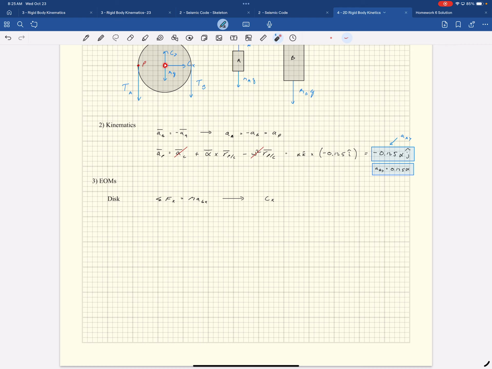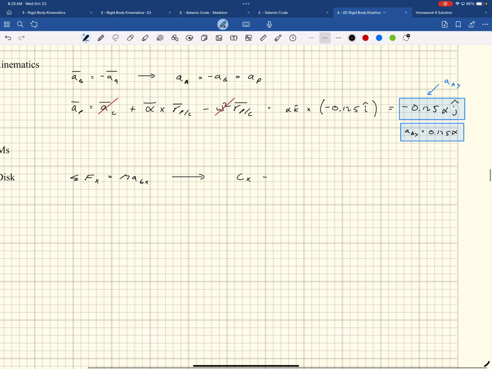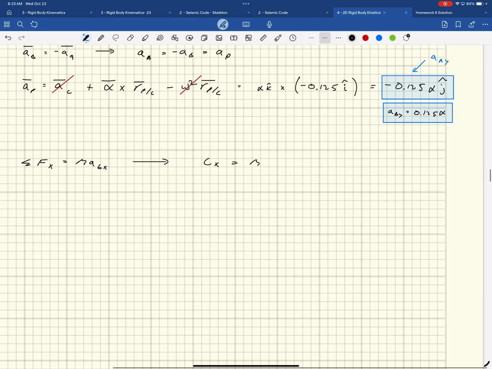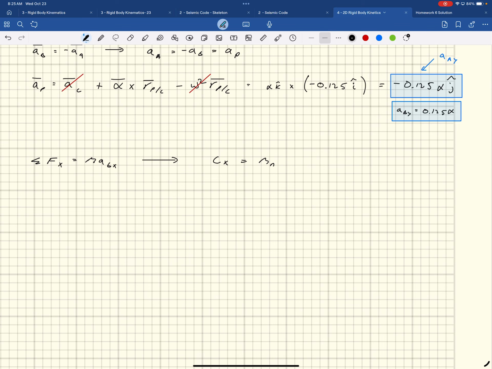It's a fixed point, so the acceleration in that direction is 0. So this would just be M. Did I call what that mass? I don't think they tell us that, but anyways, we'll call it mass of the C times 0. So that tells us that CX is equal to 0. Great. There are no forces acting in the x direction.